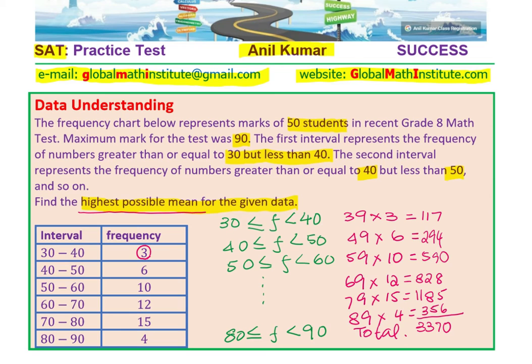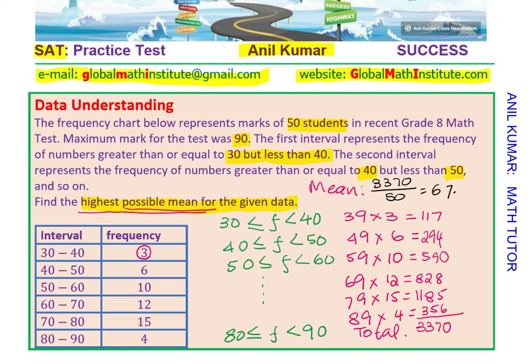Now we need to find the highest mean. The highest possible mean will be the total number of marks, which is 3370, divided by 50, the number of students, and we approximately get 67.4.